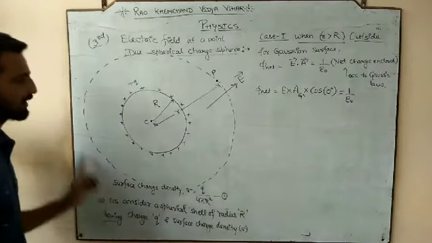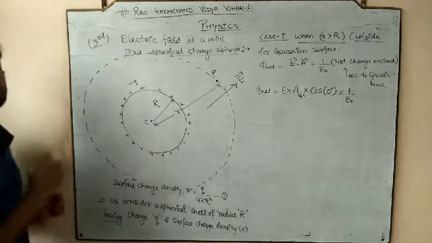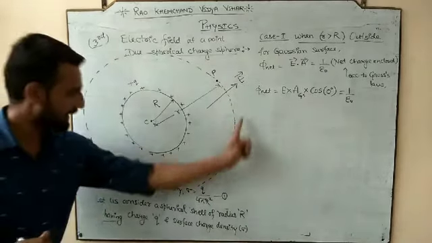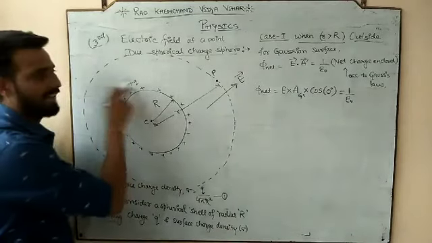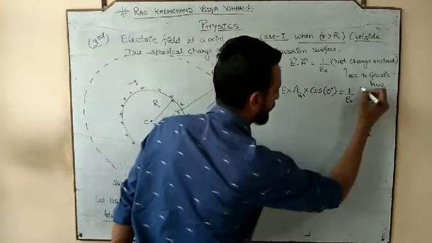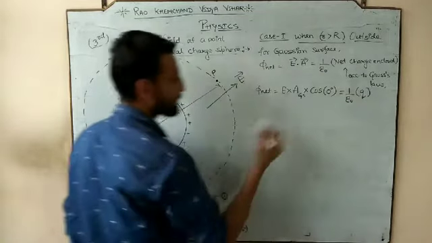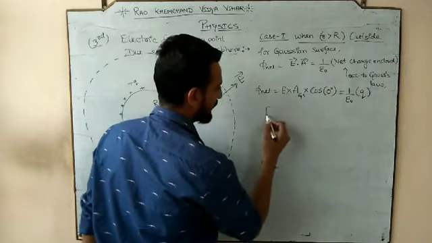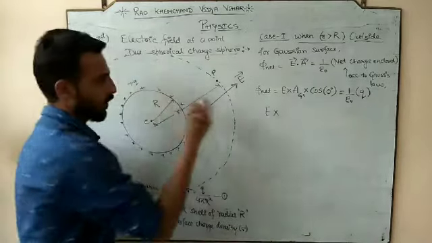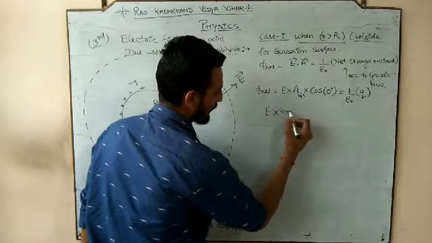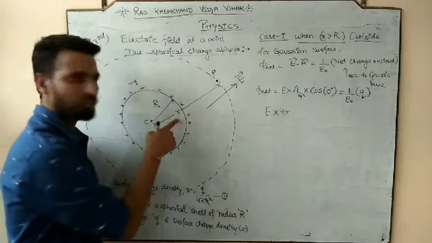So what is the total charge enclosed by the Gaussian surface? Plus Q, meaning how much charge this Gaussian surface has enclosed, and that is your plus Q. So now we are going to study E, the electric field, times the area of the Gaussian surface. The Gaussian surface is geometrically a sphere, a sphere of radius small r.